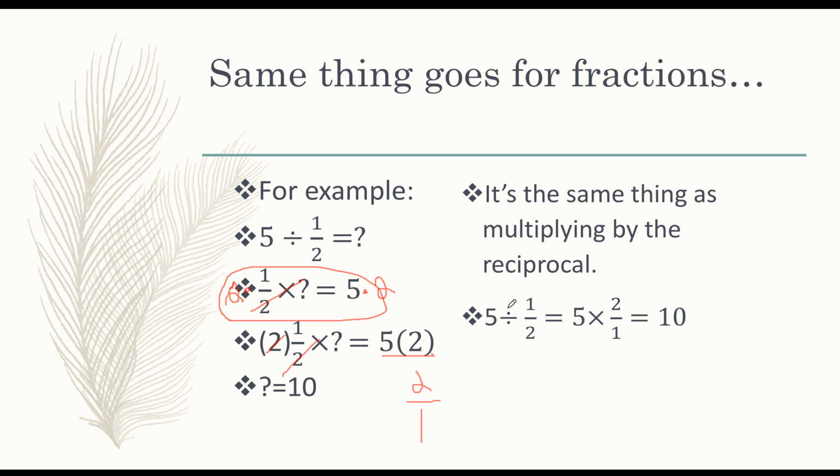So I show you over here. 5 divided by a half equals 5 times 2/1. So 5 times 2 is 10. We put a 1 here, 1 and 1 is 1. So that's 10/1, which gives us 10. So we were actually dividing by the reciprocal.